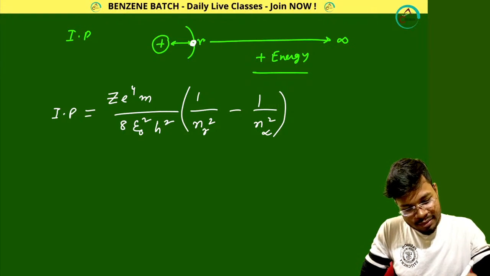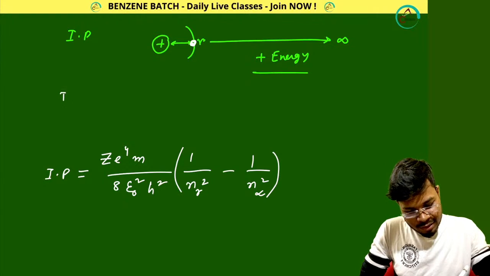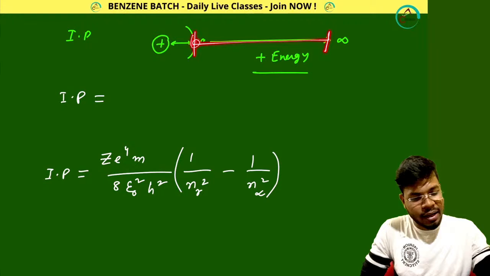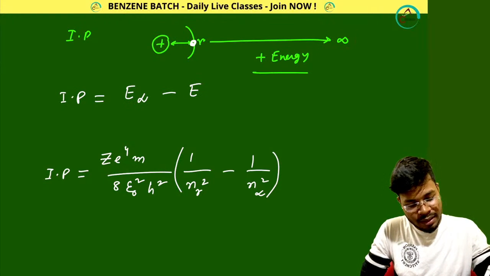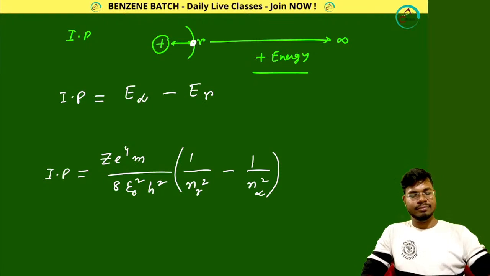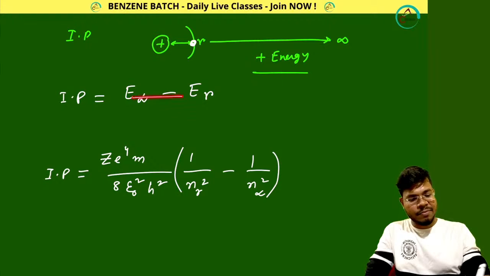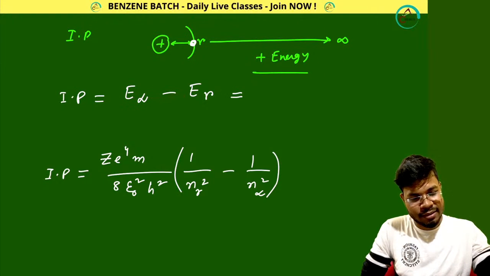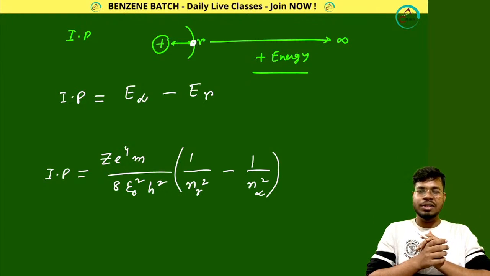Initially, let me show you what I have done. What is ionization potential? The energy difference between this and this. The higher energy is this, that means E infinity minus E_r is the difference. This energy difference is my ionization energy.